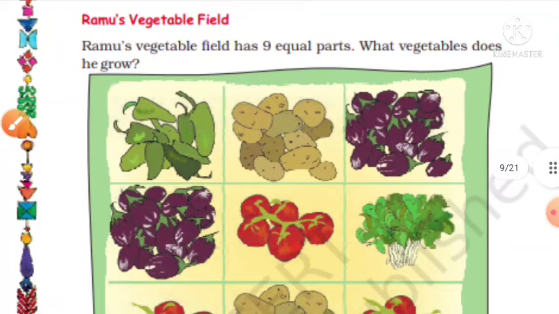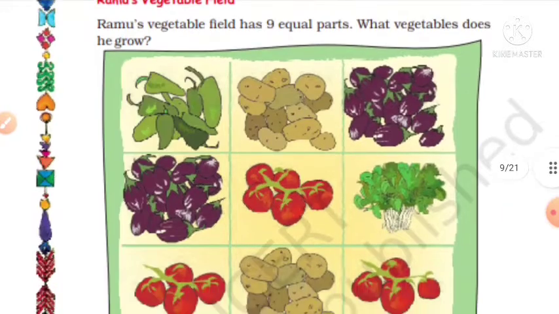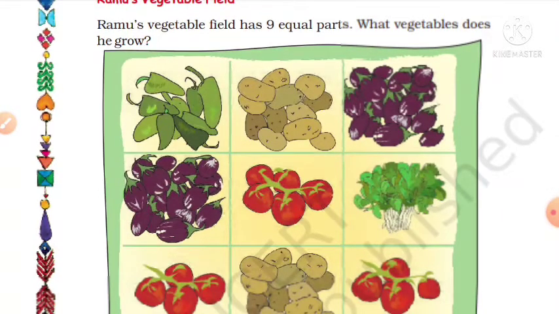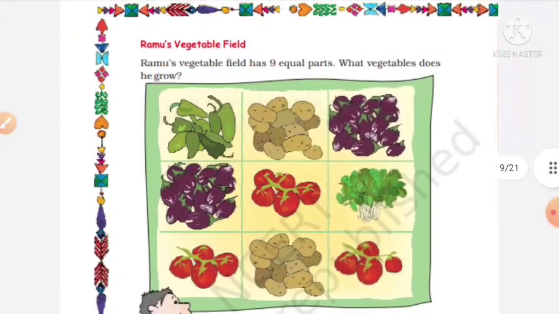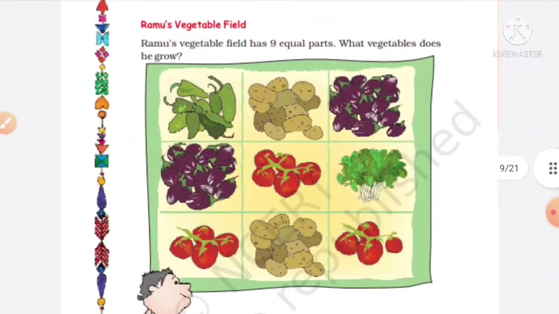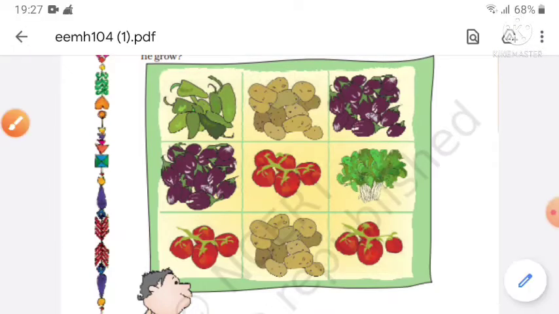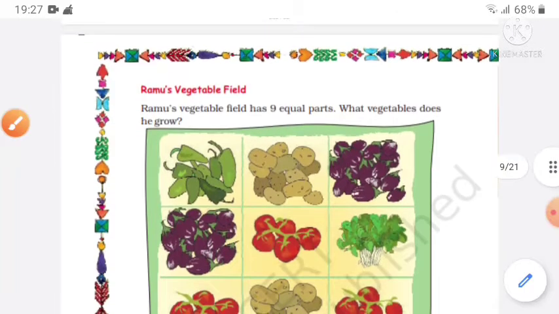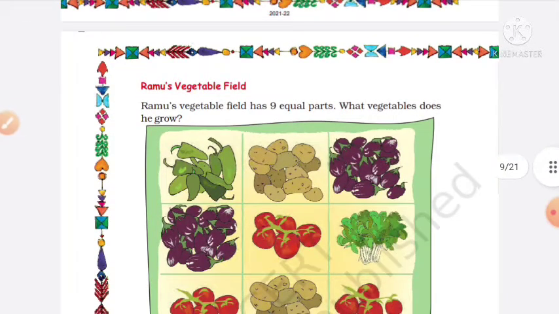Now it is Ramu's vegetable field. Ramu's vegetable field has 9 equal parts. Here you can see 9 equal parts. Now the first question is, what vegetables does he grow?